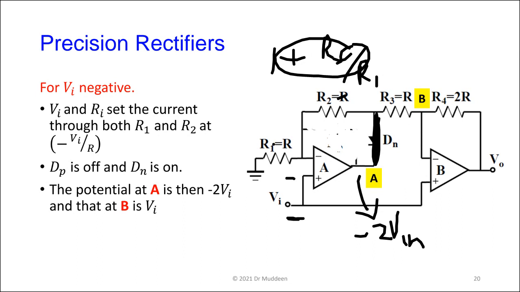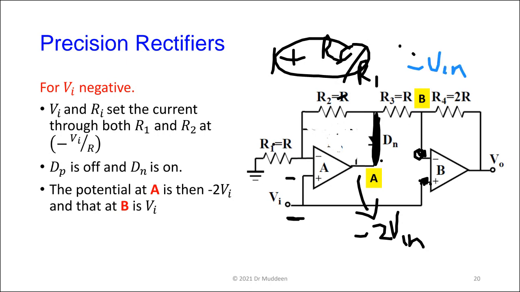So we have B. Now the same Vn is coming here, so we have minus Vn at this point in time. So if A is at 2Vn, here we have minus Vn. So this point here going up to B should be at minus Vn.